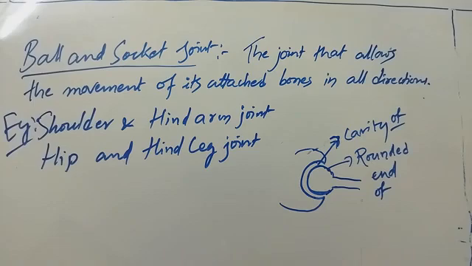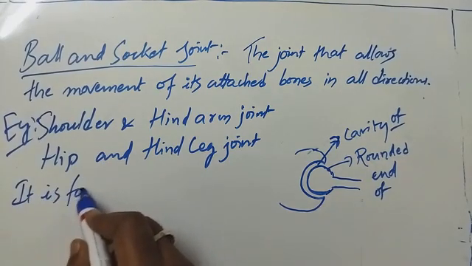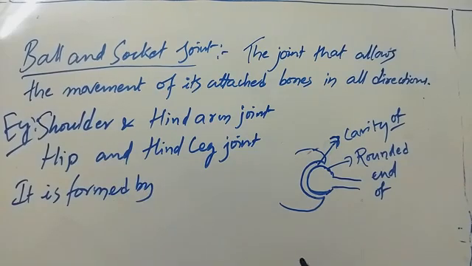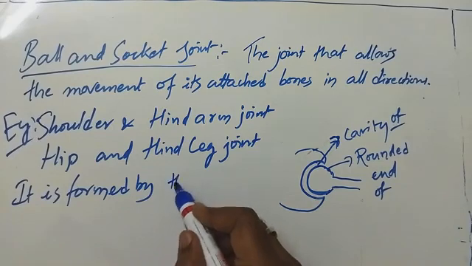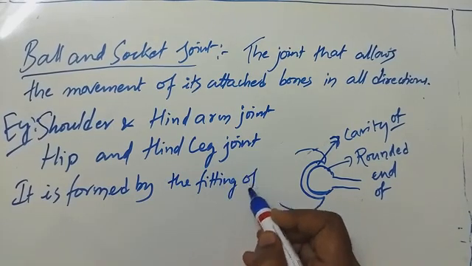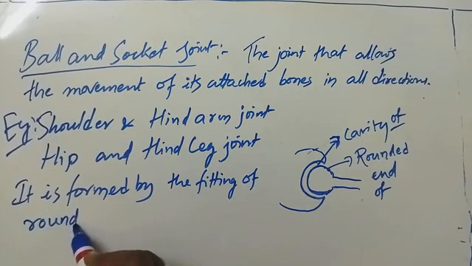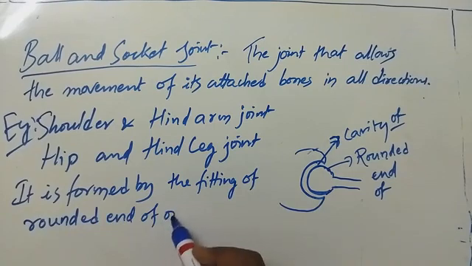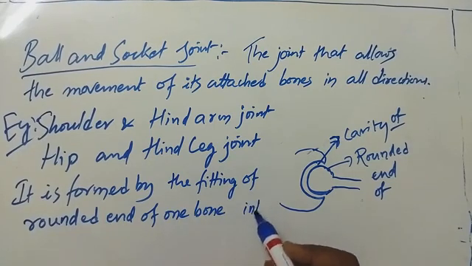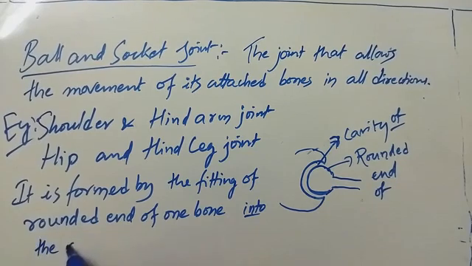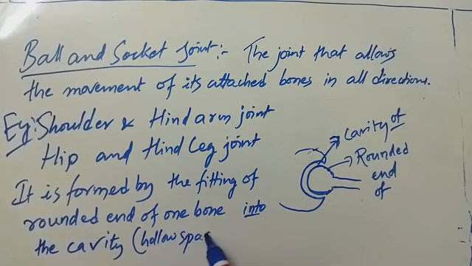Ball and socket joint is formed by the fitting of rounded end of one bone into the cavity or hollow space of another bone.